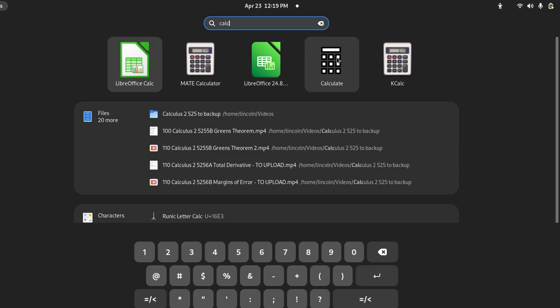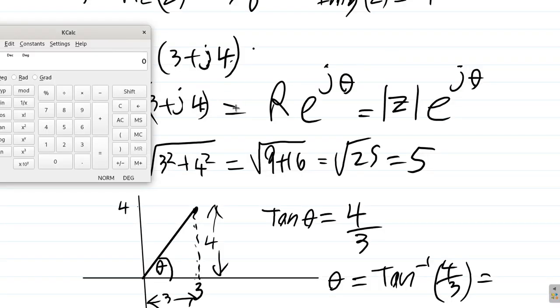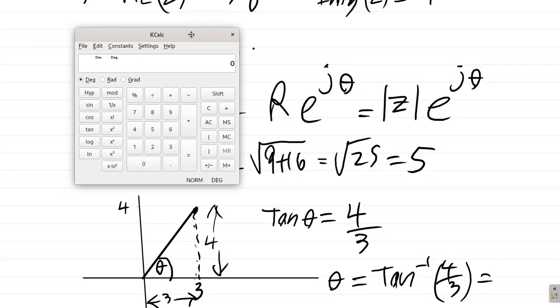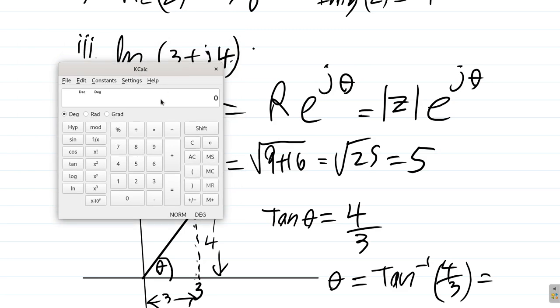We want to use one of these calculators. We want it in radians. You could find it in degrees then convert to radians, but let's look at it in radians.